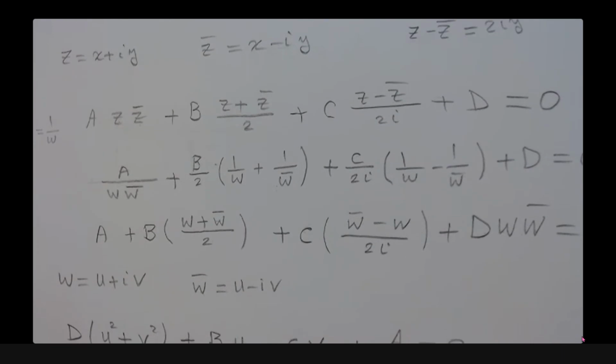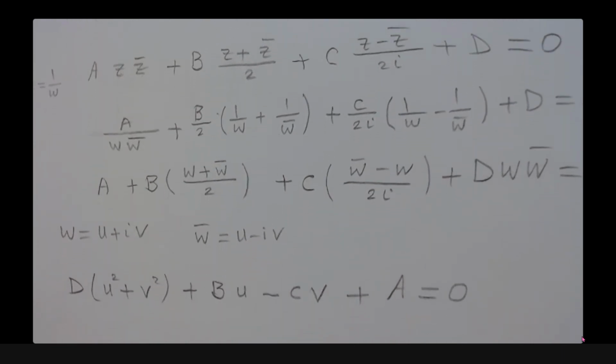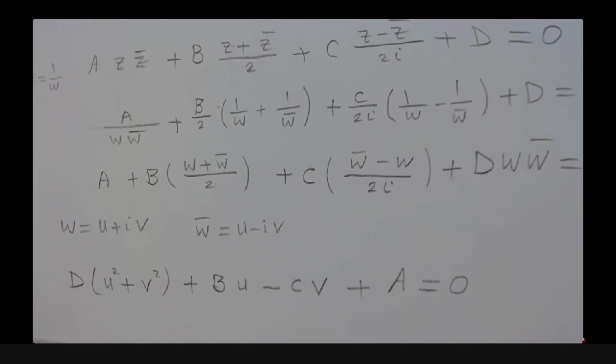So after applying w equals 1 over z, we get this equation in the UV plane. And this equation in the UV plane is the equation of a circle or a straight line. It will be a circle if d is not 0. But if d is 0, you will get a straight line.